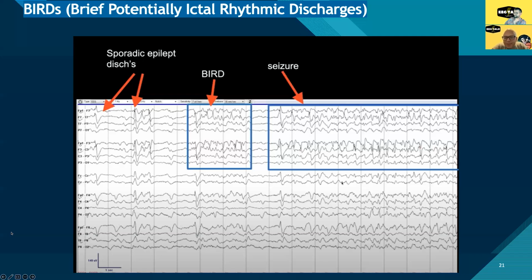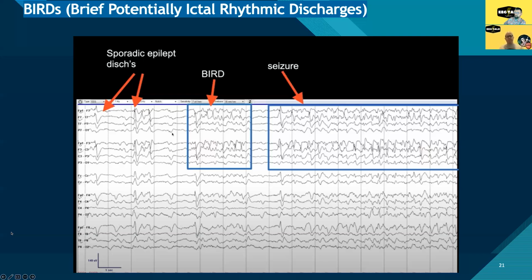Yeah. So in this seizure we see rhythmic activity, and there are discharges with each of the rhythmic delta waves, and it looks like the frequency of those discharges is about 1, 2, maybe 3, I think.